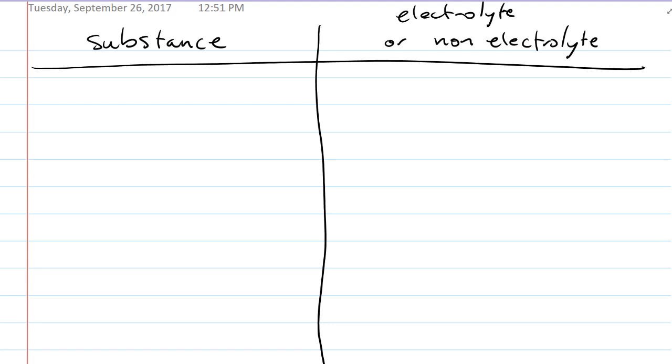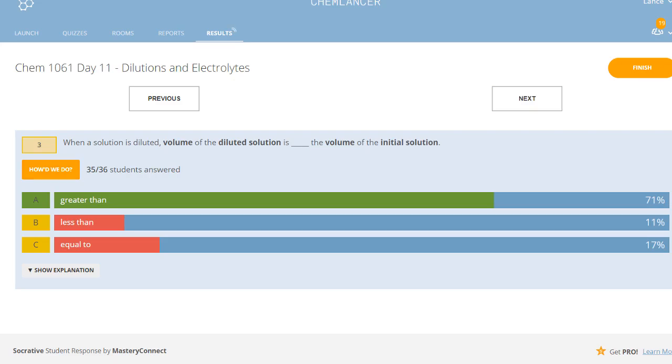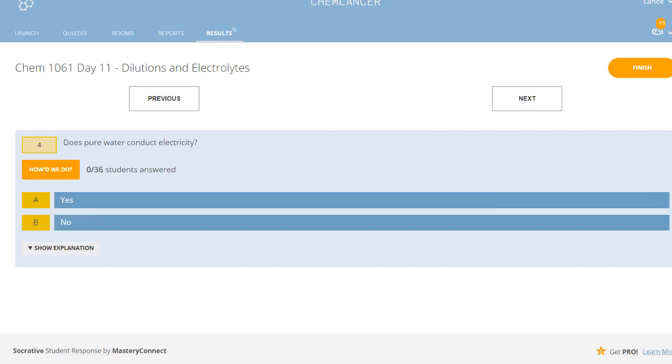And we want to test to see whether or not this conducts electricity. So the question I have for you is, does pure water conduct electricity? No. Well, how do you know? The chances up here for you to put your answer in. So put it in, talk with a neighbor.